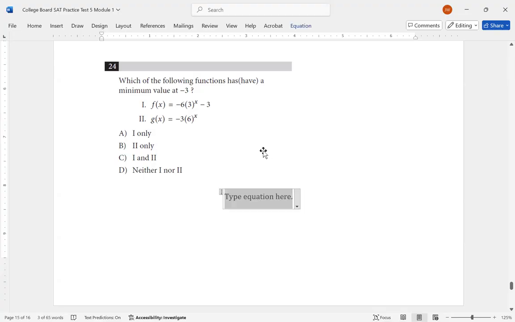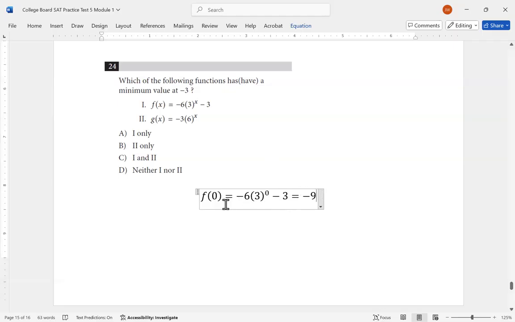If you plug in a 0 into function f, you get -6 multiplied times 3 raised to the 0th power, minus 3. This first piece, 3 to the 0 power, becomes 1. 1 times -6 is -6, minus 3 is -9.